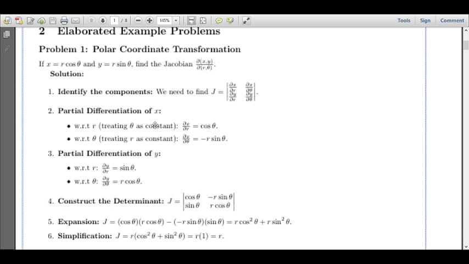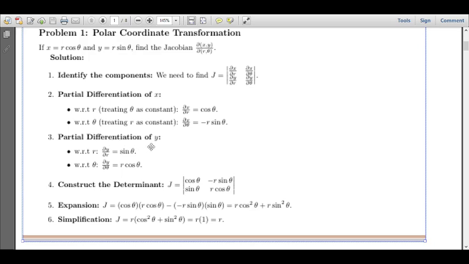Now partial differentiation of x: with respect to r, we treat theta as constant, so dou x by dou r is cos theta, as the differentiation of r is 1. Similarly, with respect to theta, r is constant, and the differentiation of cos theta is minus sin theta, so this is minus r sin theta.